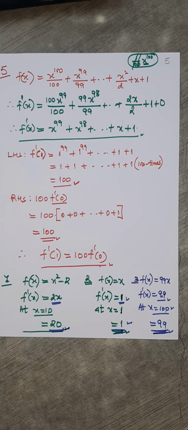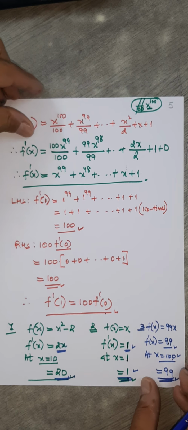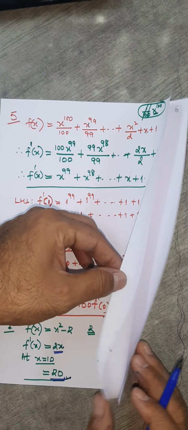Fine. Now question number 4, there we have 4 sub questions, and question number 10, both are based on first principles. So let's do that. We just need to recall the definition of first principle.